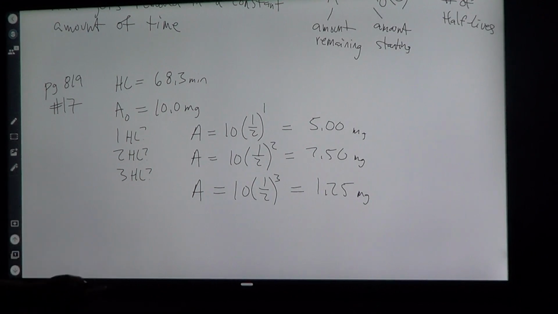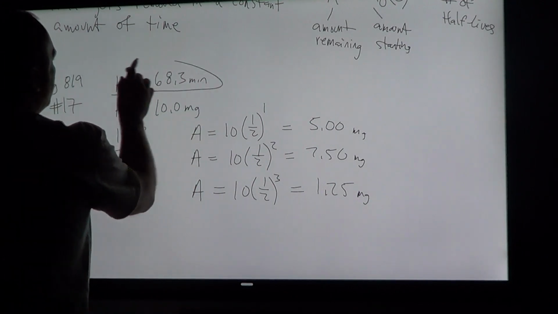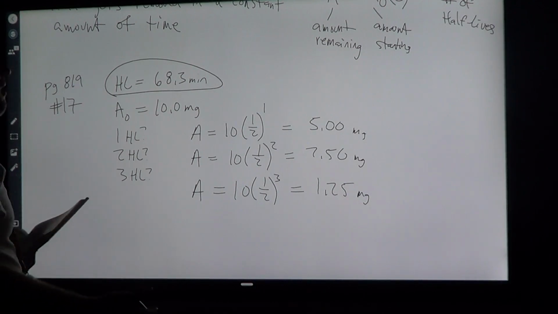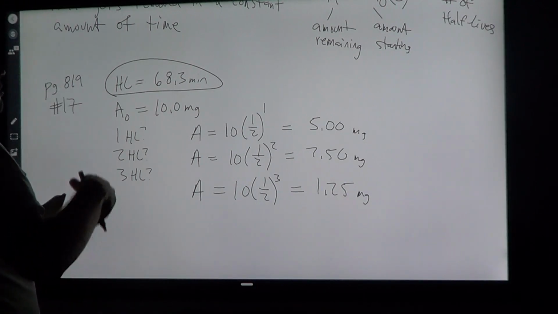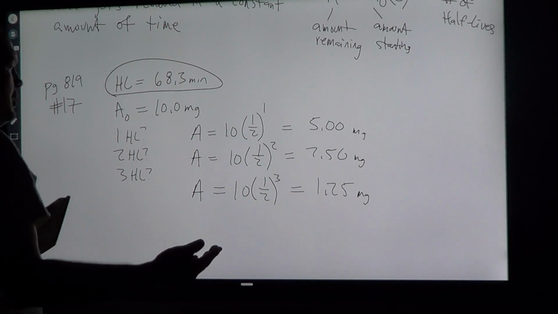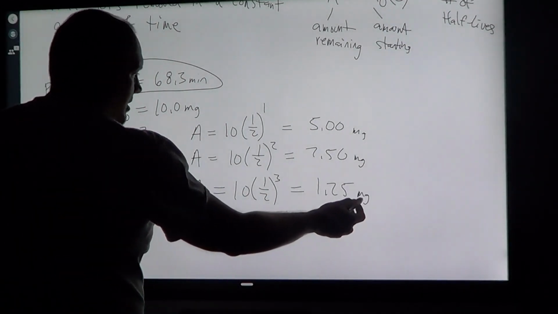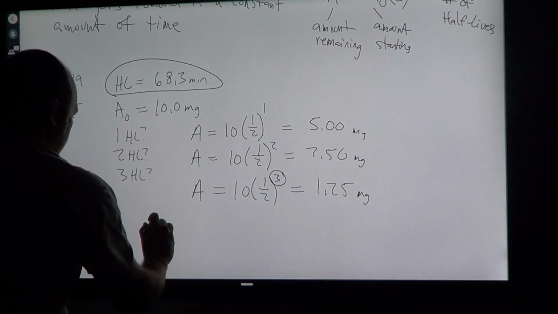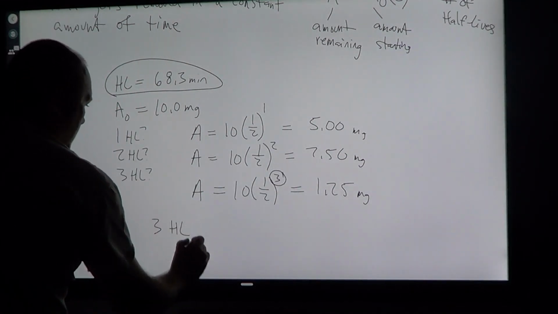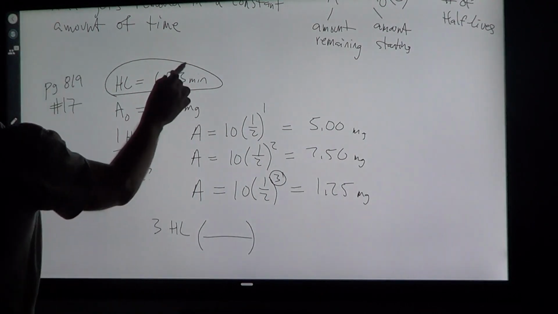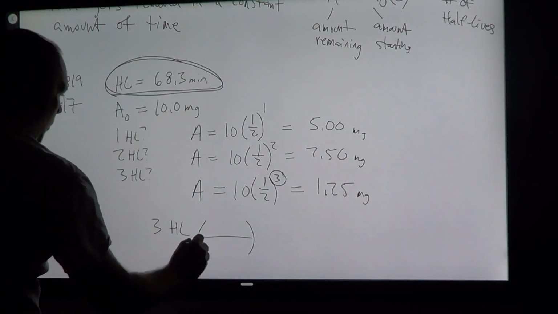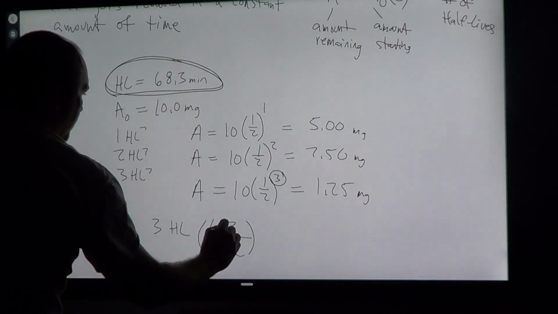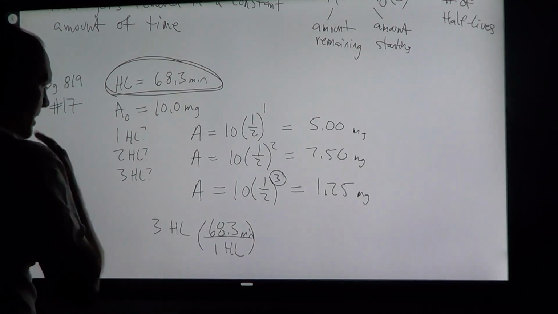So this is a super simple one where this number is kind of meaningless, unless we wanted to ask a follow-up question: how long would it take to go to 1.25 milligrams, which would be exactly 3 half-lives. And this piece of information tells you that 1 half-life is 68.3 minutes.